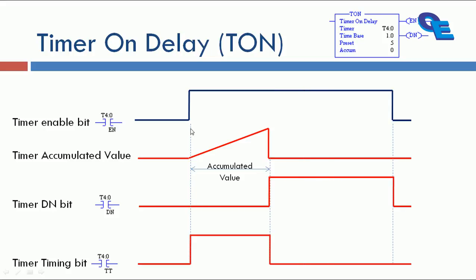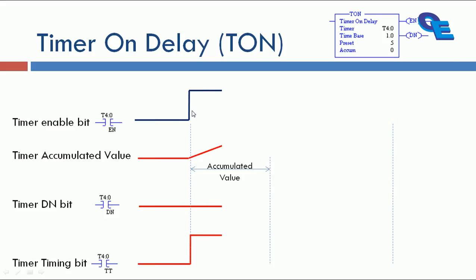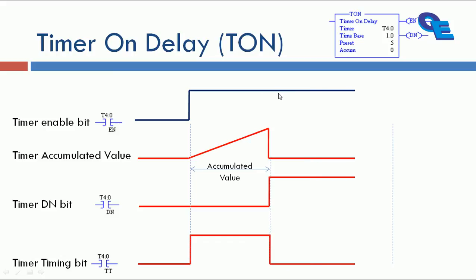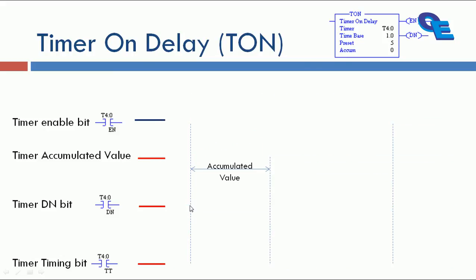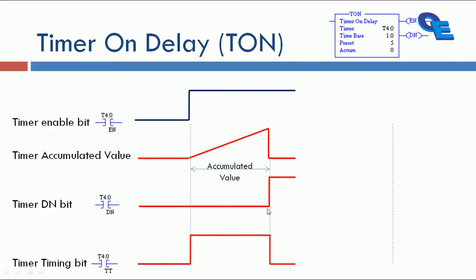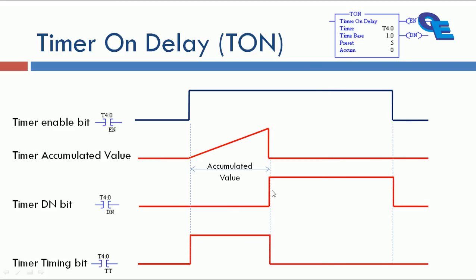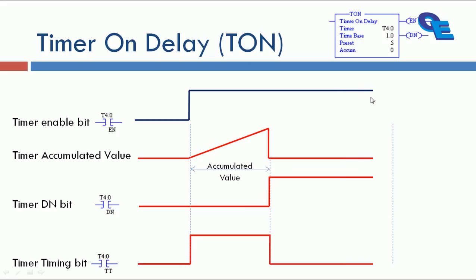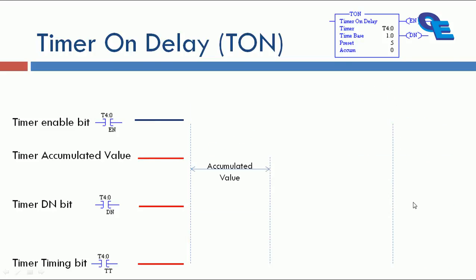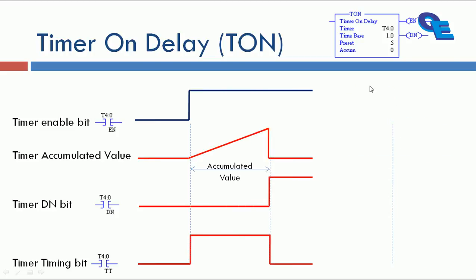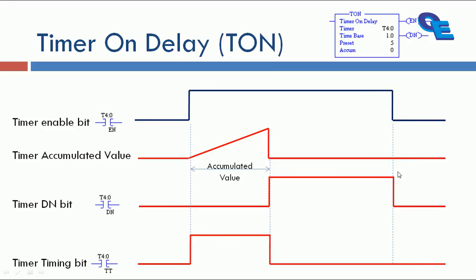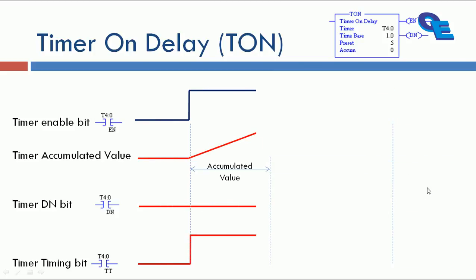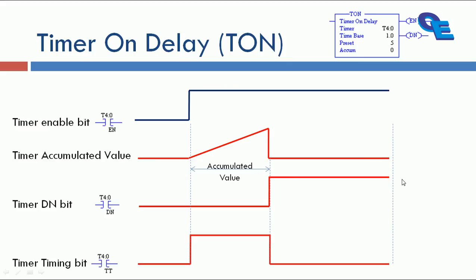Here you can see the input should remain at least for the preset value. When the accumulator value reaches the preset value, the output is going to be high. And further you can see when the input goes low, the output also goes low. This is the done bit here.